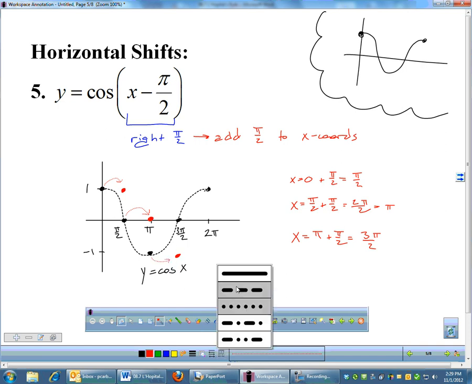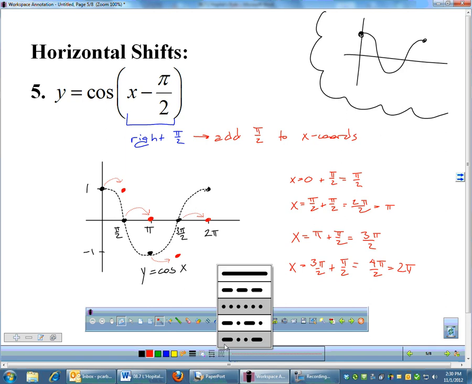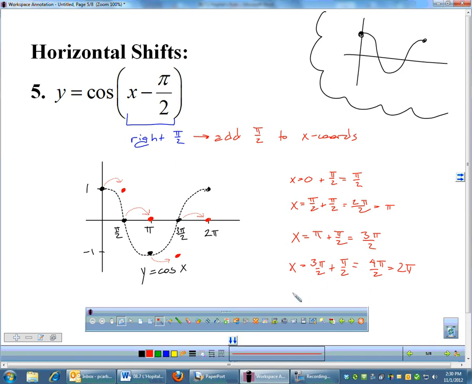And we'll keep going at 3 pi over 2. I will add pi over 2 to that because that's my shift. 3 pi plus 1 pi is 4 pi over 2, which reduces to 2 pi. So this point moves over to here. And then my last point, if I shift it right pi over 2, I'm starting at 2 pi plus pi over 2.